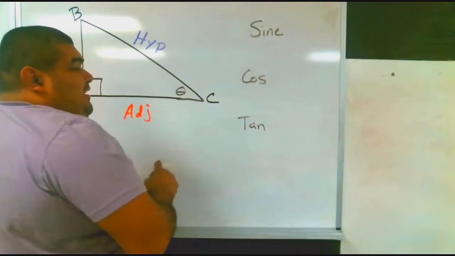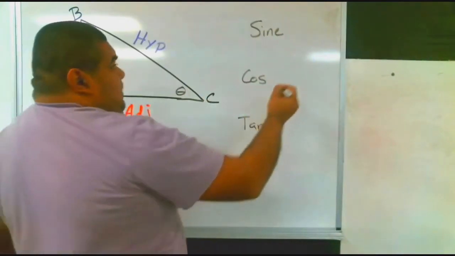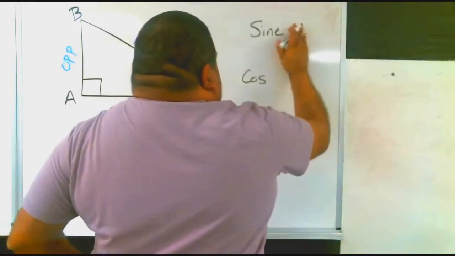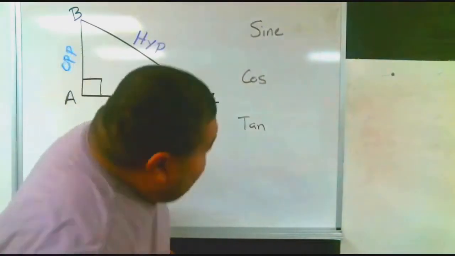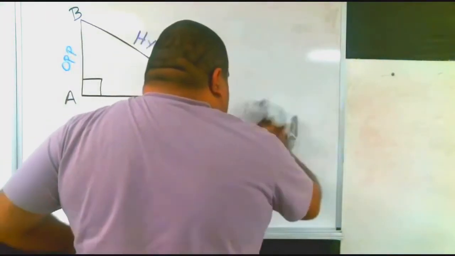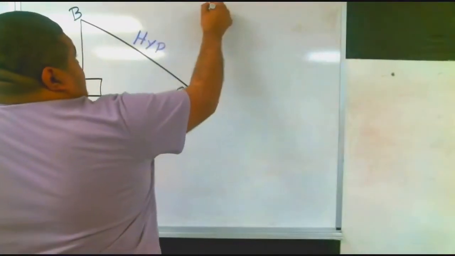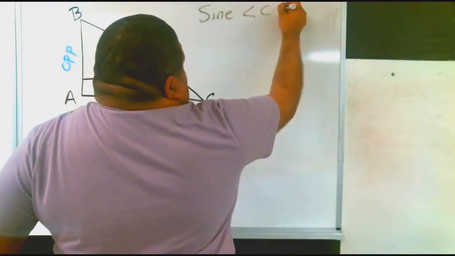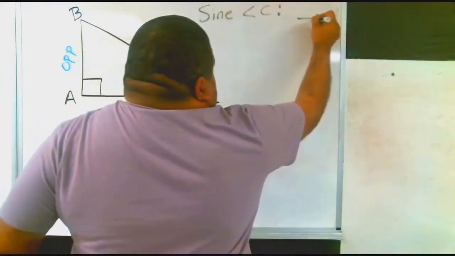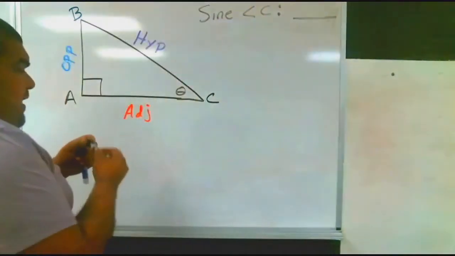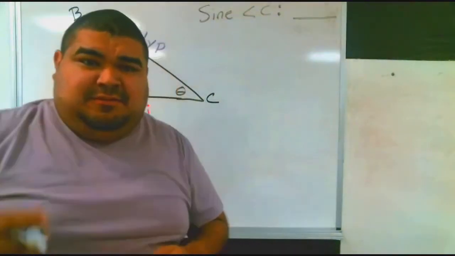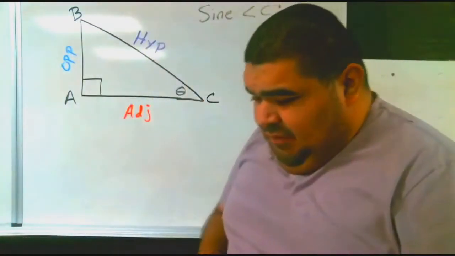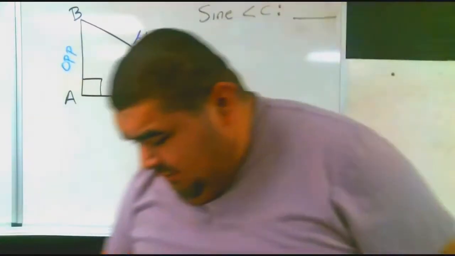If you're looking for sine of angle C, let's do a little more space here. I used purple for hypotenuse, blue for opposite, and red for adjacent.